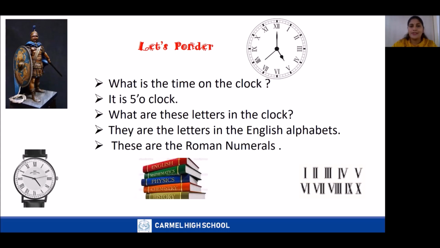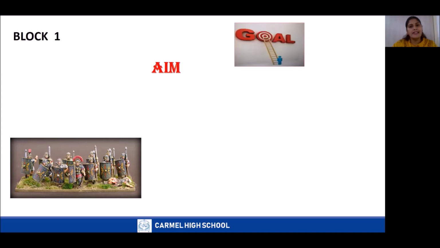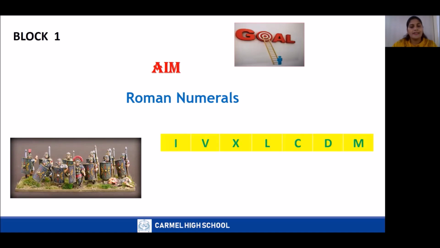I hope you're guessing what we are going to learn today, right? Yes. In today's class, we are going to learn how to read and write in Roman numerals. And the key word is the topic itself. And we use these 7 symbols in the Roman numerals.